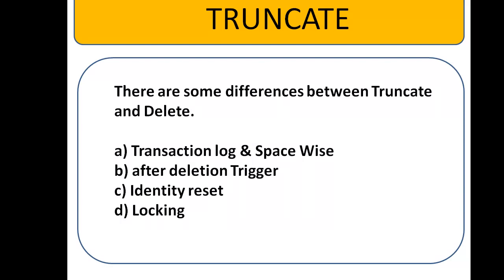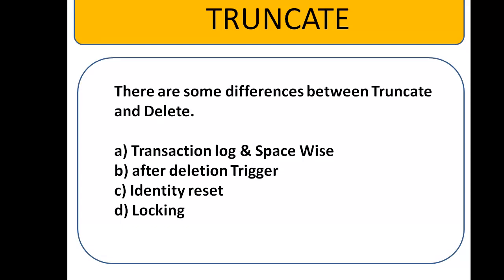Next, the delete statement triggers the after deletion trigger. So if we have a delete trigger, an after deletion trigger, it will execute while we are using the delete statement. The after deletion trigger will not fire while we are using the truncate table statement.